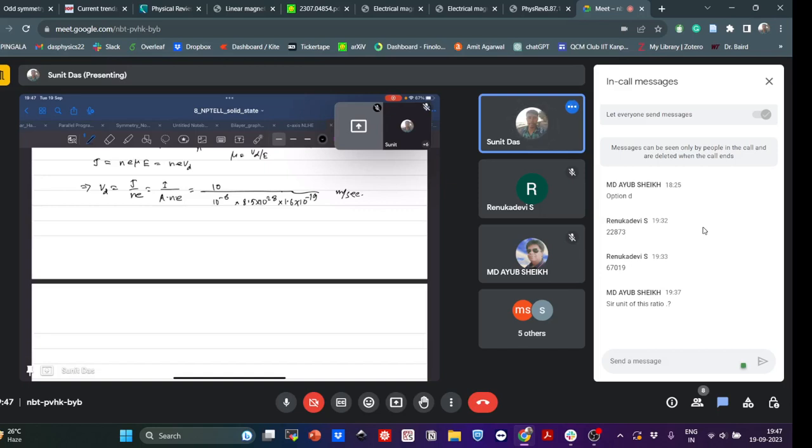So the answer is 7.35 into 10 to the power minus 4. So this will be the drift velocity.